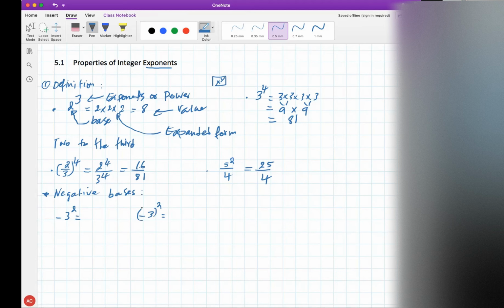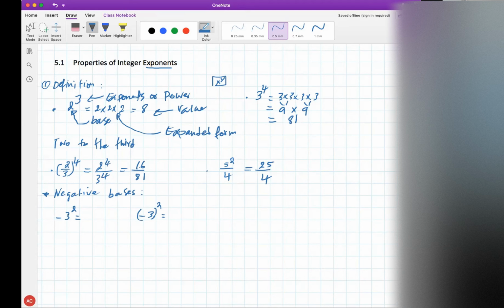Here we have negative 3 in parentheses to the 2nd power. Because it's exponent 2, it's going to be positive. It's going to be like negative 3 multiplied by negative 3. Okay, so that would work here, but not here. Because for this one, it's negative 3 multiplied by 3, positive 3.